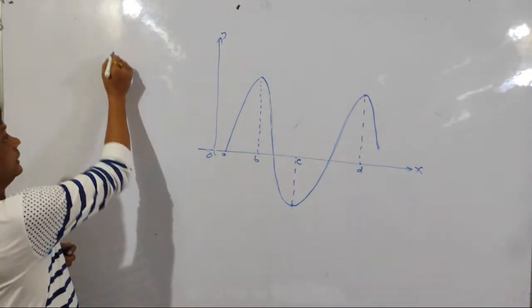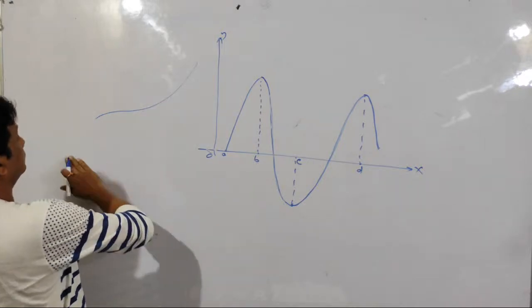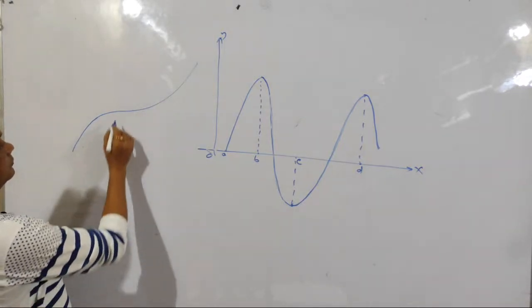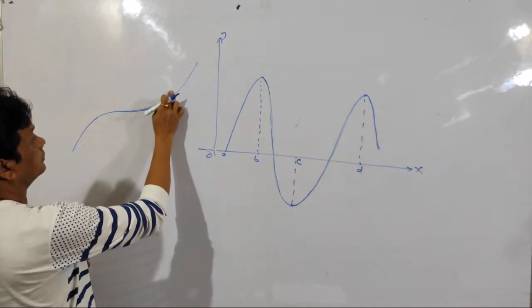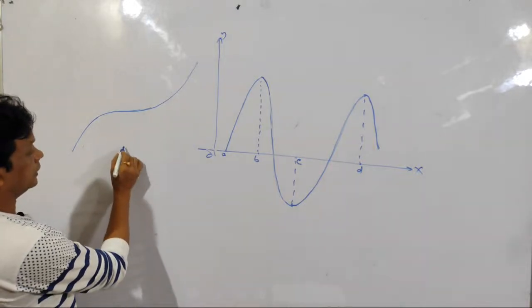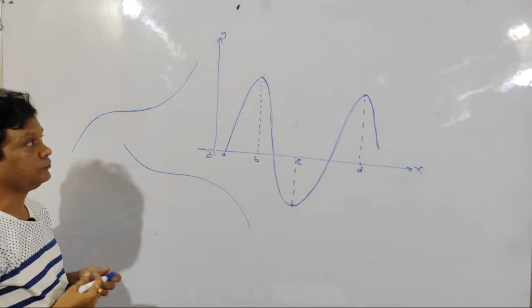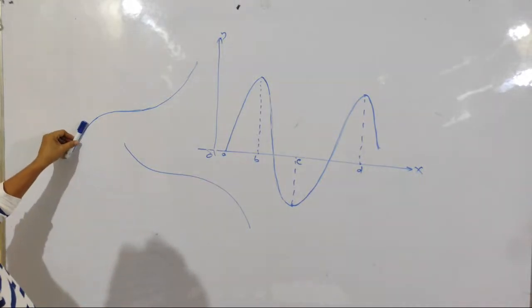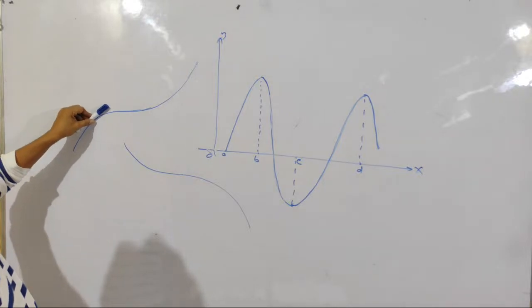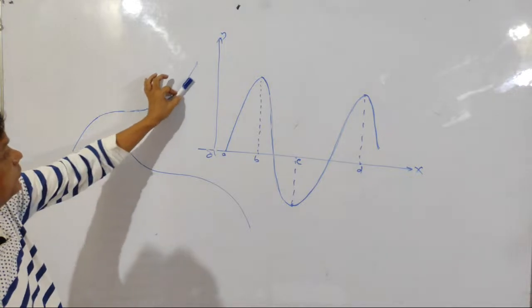See here, at this point. Like this. And another graph. Here, I am moving the tangent. See here. That will become parallel to x-axis, then further it moves like this.